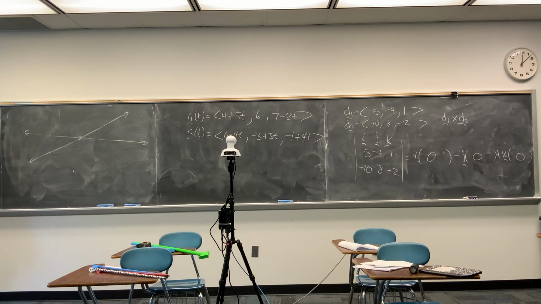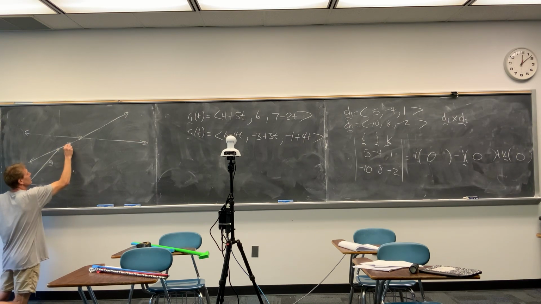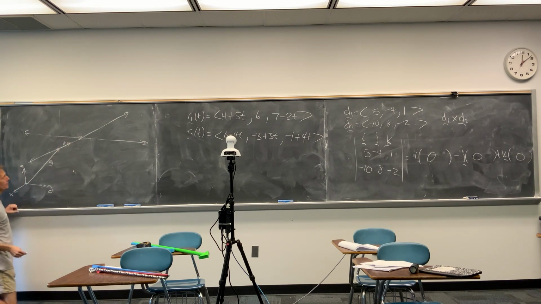And I'm asking, how can I determine whether or not this takes place? Well, give yourself an XYZ axis. This axis would be X, and this would be Y. So give yourself one position vector, call that A1, and give yourself a direction vector, D1.